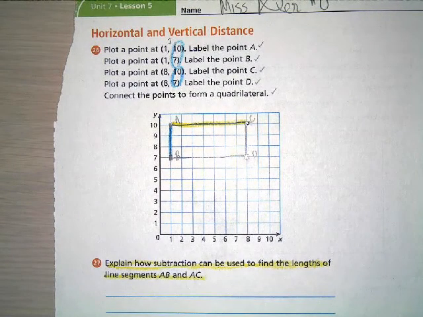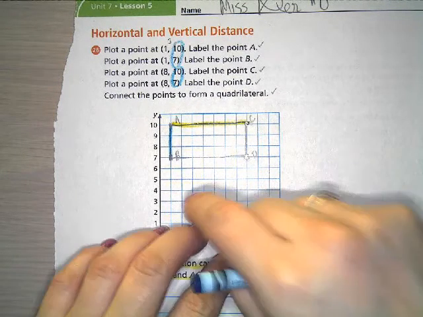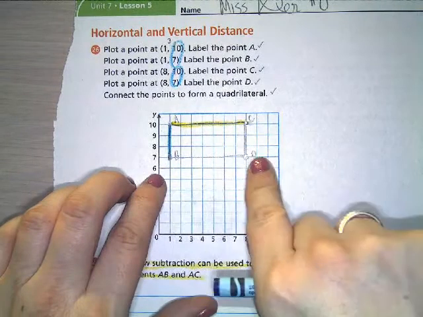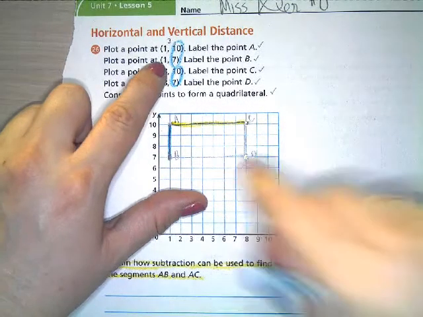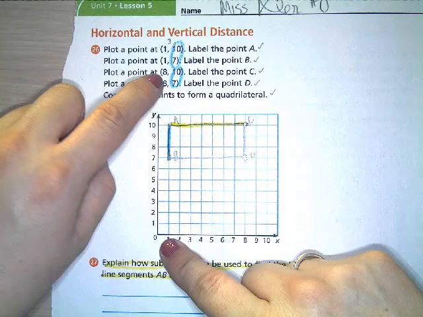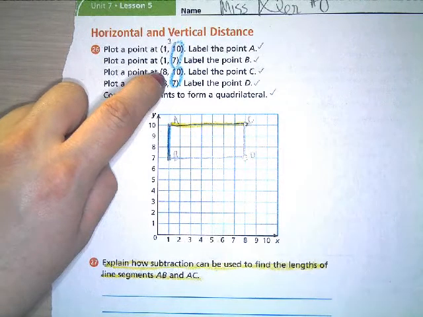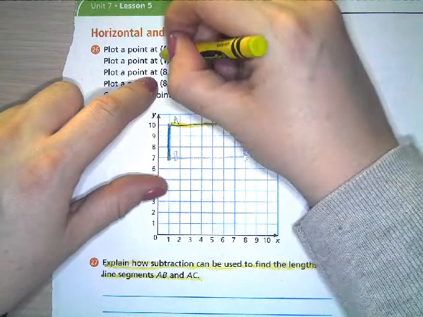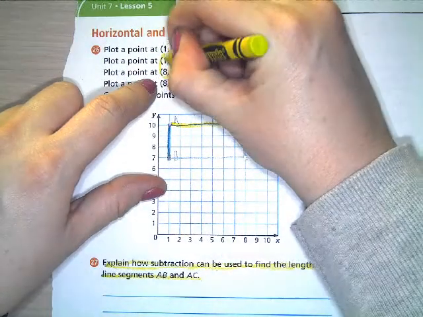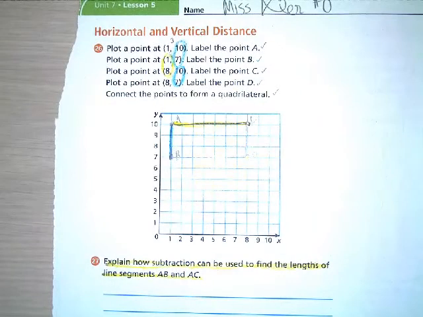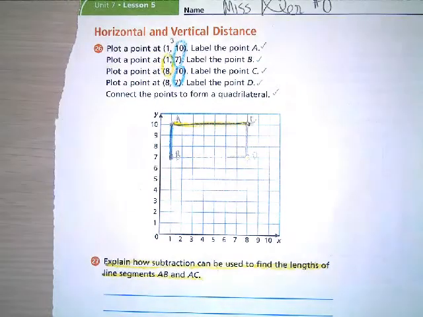How do I find the horizontal difference? Horizontal means left and right. How would I find the horizontal difference? I would have to look at the 1 compared to the 8. So that's pretty interesting. I would have to compare those two numbers.